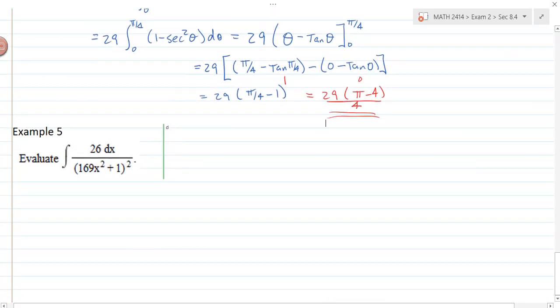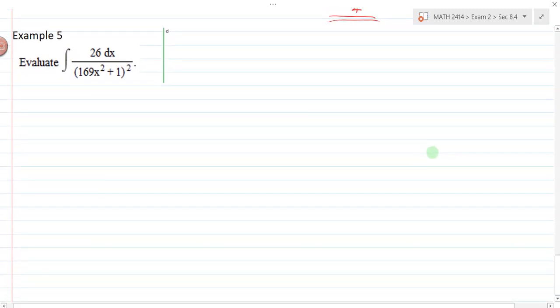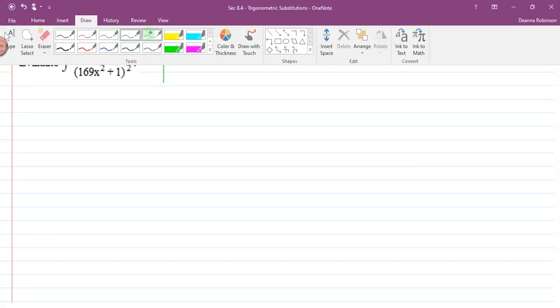I think this is our last example. It looks like it is. Would you recognize that this is a trig substitution problem? You don't see the radical, do you? No, but couldn't I say that the square root of x squared is x?